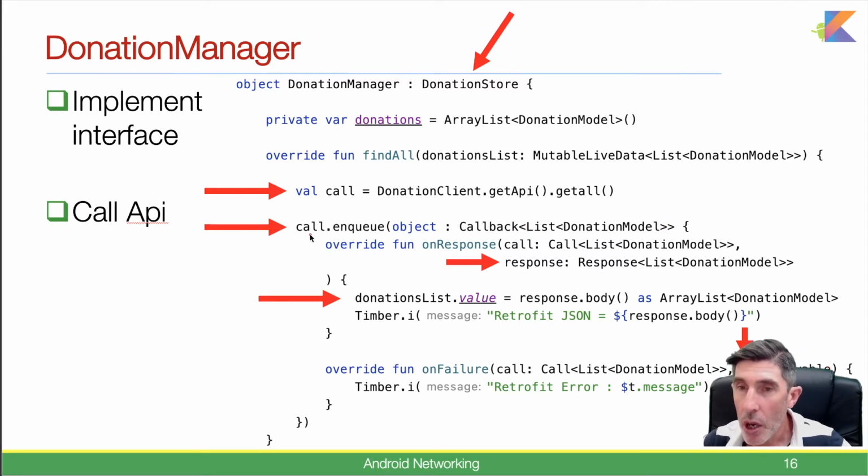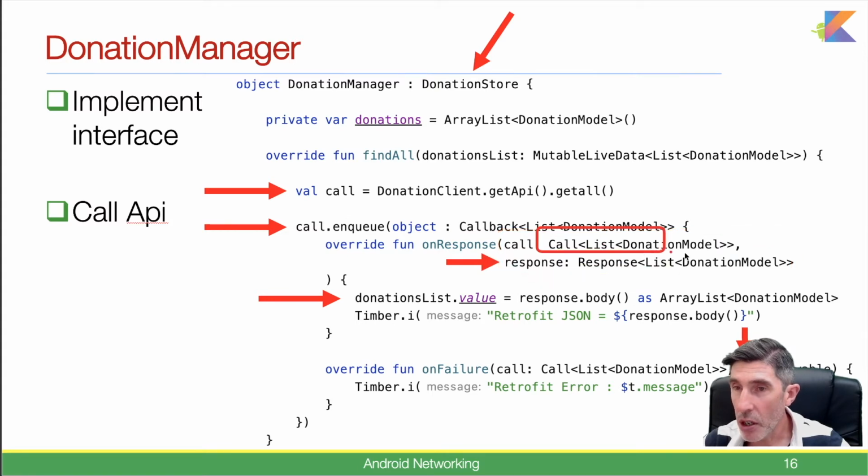Okay, so for every callback implementation that we have and the type we get back, we would have either our onResponse or our onFailure. If it is successful, the onResponse gets triggered, right? And these are the parameters we get passed in when we implement it.